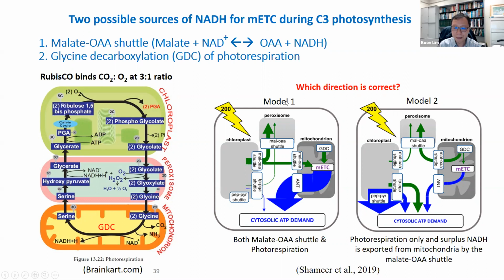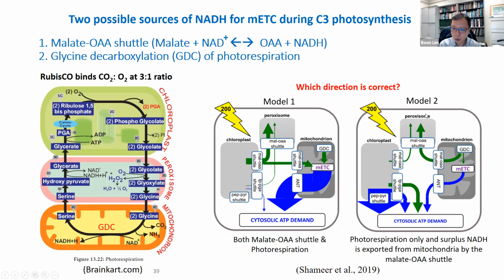In model 1, you can see that both GDC and the malate-OAA shuttle can supply NADH to the mETC. In this model, the surplus NADPH generated in the chloroplast can be transferred through the malate-OAA shuttle, through malate, to the mitochondrion so that it can generate NADH.